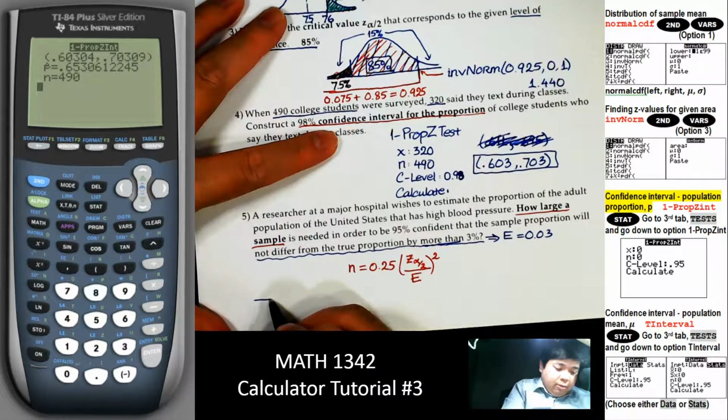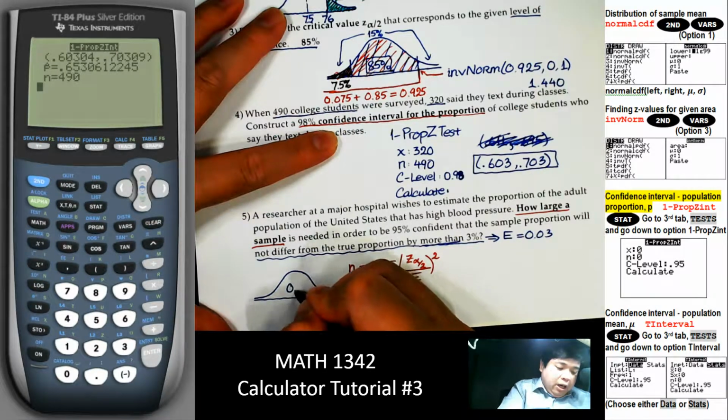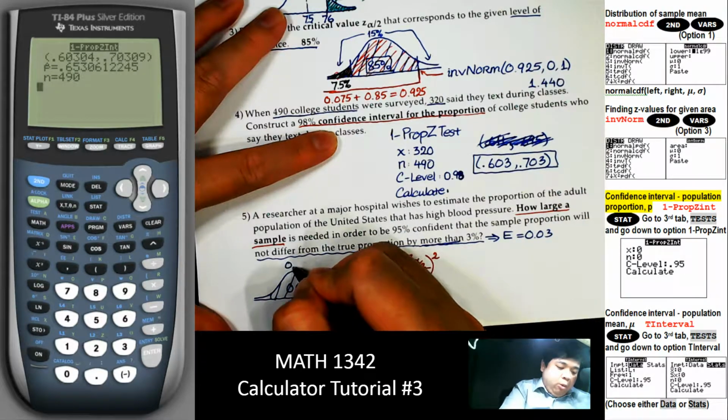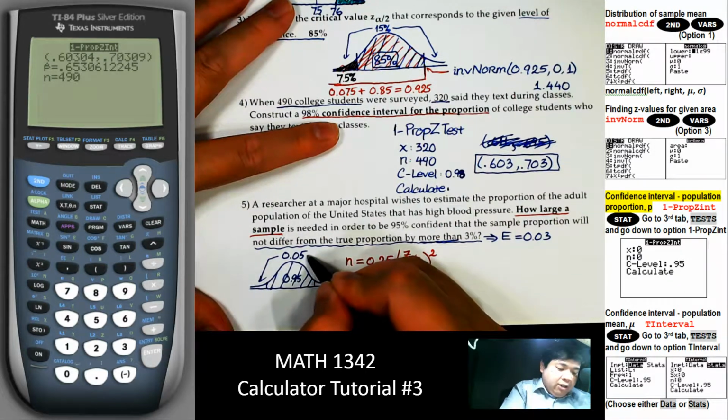So 95% in the middle, meaning 0.025 on each tail, on the left and on the right.